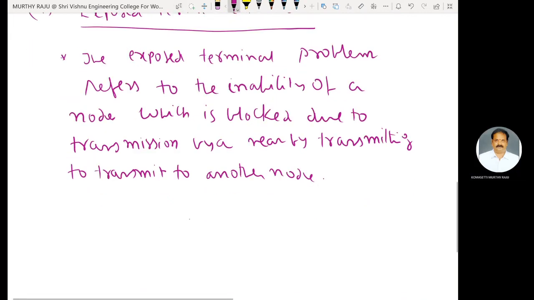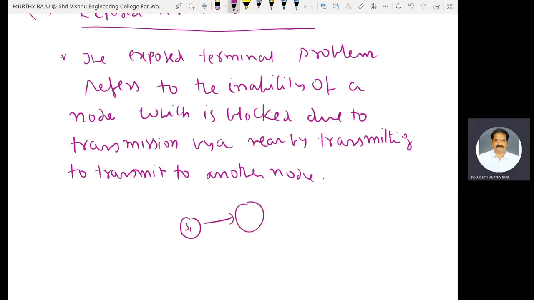Here S1 sent information to R1. This one is S3. S3 node is within the transmission range of S1. S3 node is the neighbor node of S1.